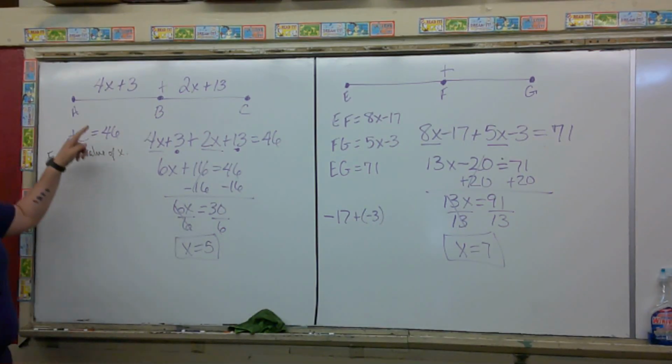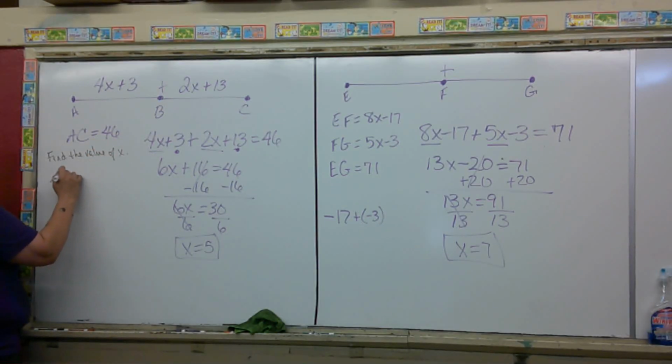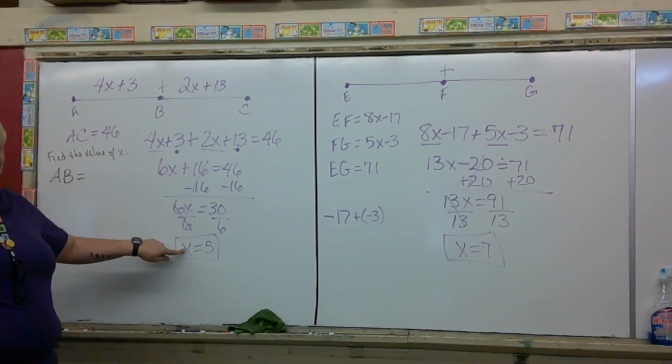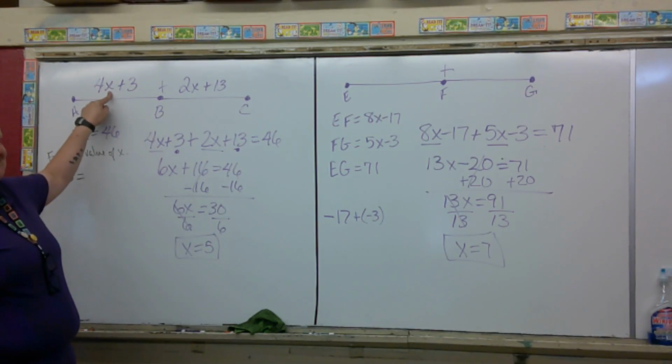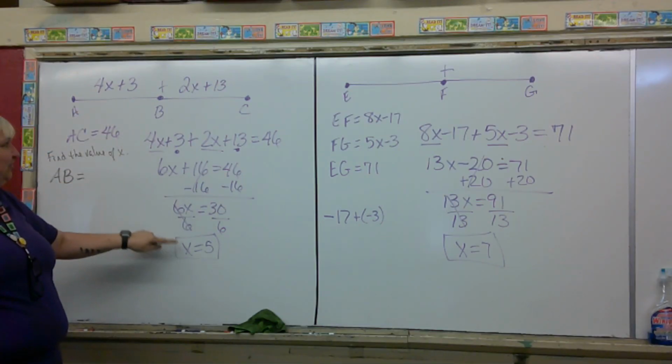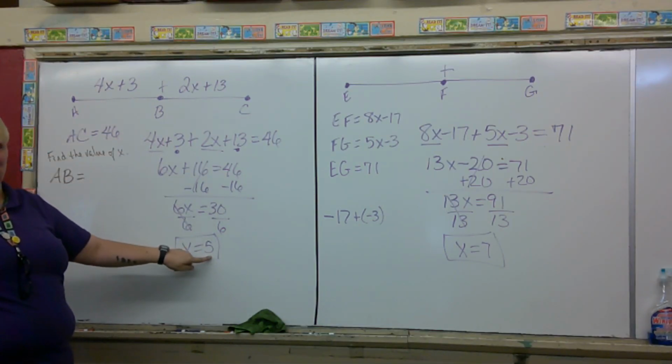But what if it asks for AB? If it asks for the distance between AB, then you have to go a step further. Now that we know what x is, we can replace the x. Substitution property says if you know the value of x, you can replace the x with that value.